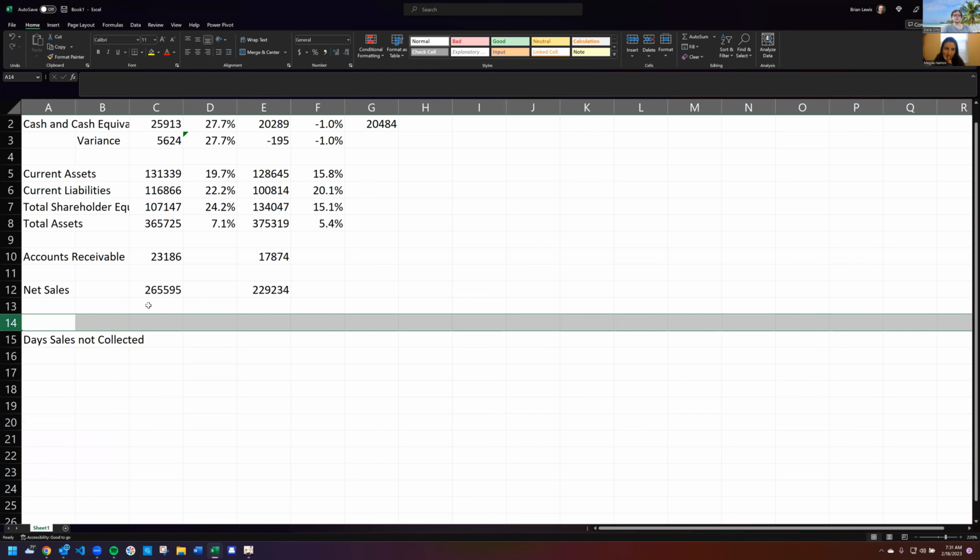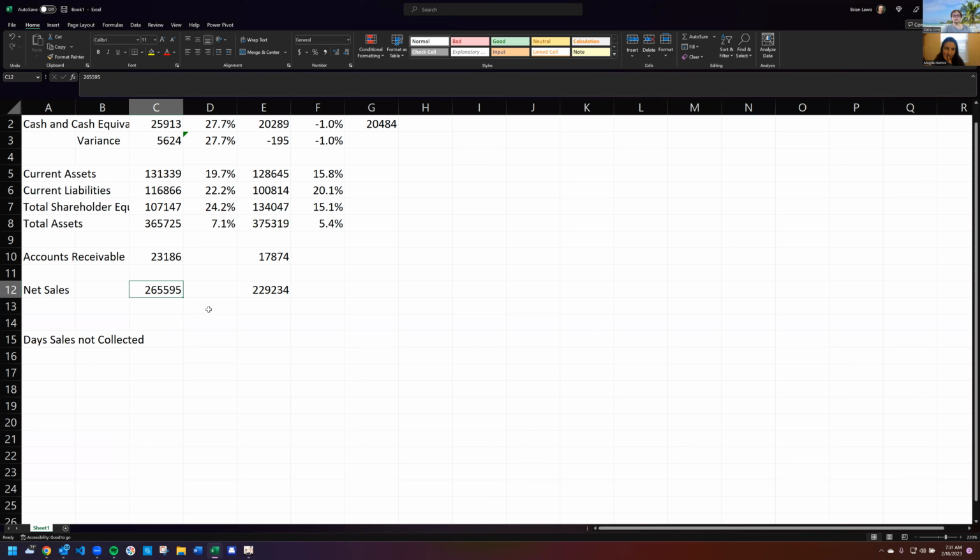If you take the net sales and divide it by 365, you get a daily sales number, right? And then effectively, if you take that receivables number and divide it by the daily sales number, you get the number of days' worth of sales that have not been collected, right?